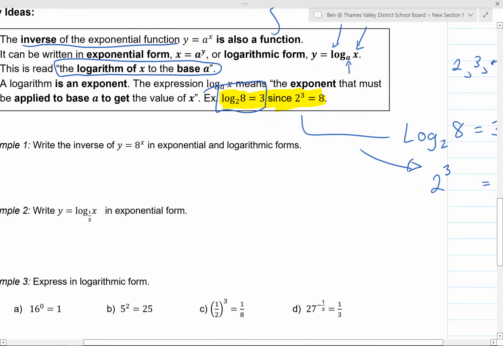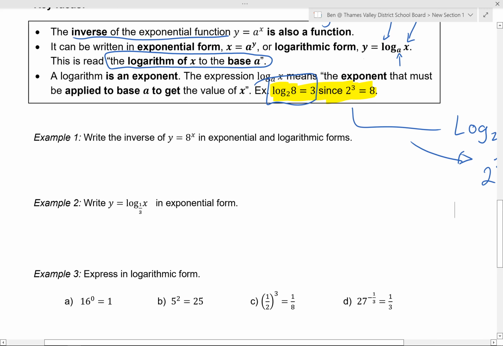All right, now let's explore this a little bit further. Let's try and write the inverse of y equals 8 to the power of x in exponential and then logarithmic forms. If we're finding the inverse, and you have done this a number of times already, just like we did in the first chapter, the first thing we need to do is interchange x and y.